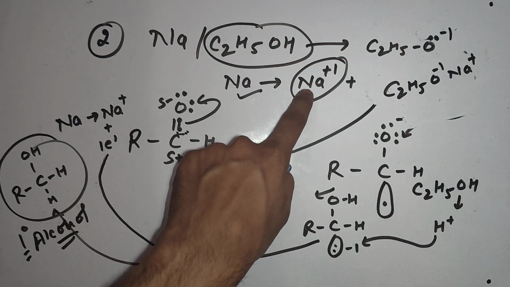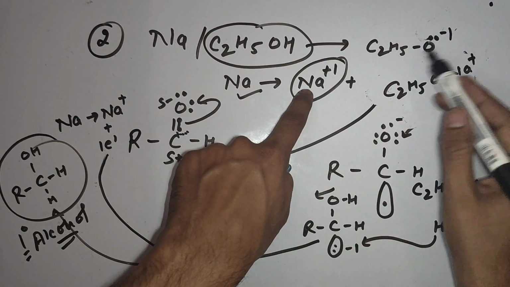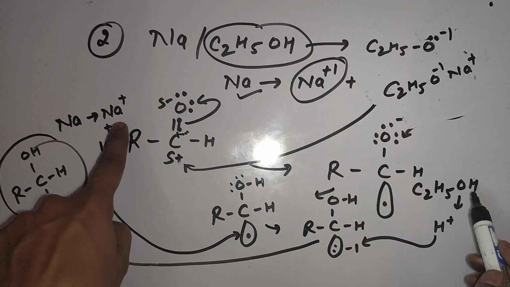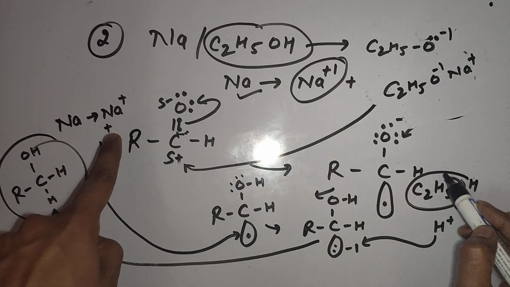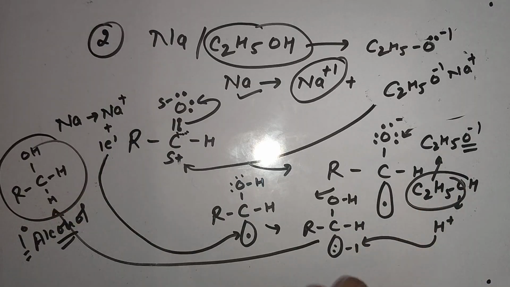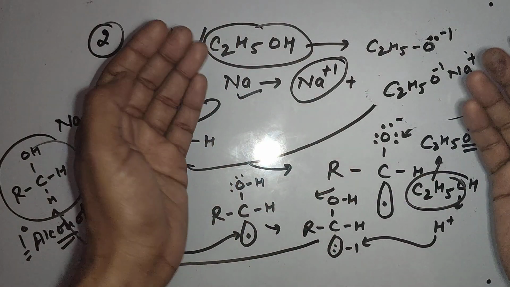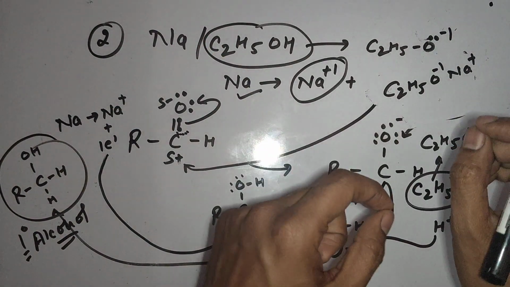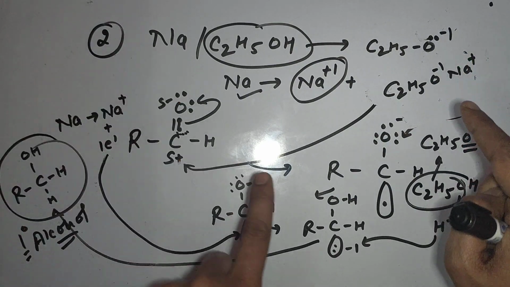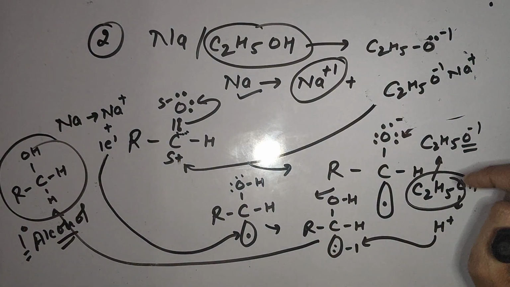Between Na positive and O negative, ionic bond will be there, sodium ethoxide. Similarly, this Na positive will be satisfied by second C2H5O negative particle. This one. So this is the mechanism we have for sodium and ethanol. When they are working as a reducing agent, they can reduce aldehydes and ketones in this mechanism.